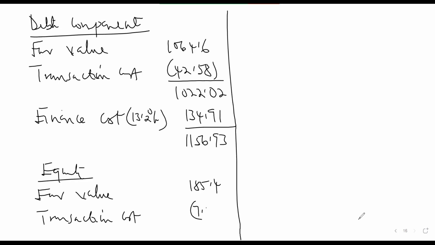You are giving equity, so equity will be treated more like debt, because equity will be having a credit balance, and transaction cost is having a debit balance. So if you are capitalizing, it means that you are going to be debiting the equity accounts. So the equity is not an asset. Okay, so 185.4 minus 7.42.